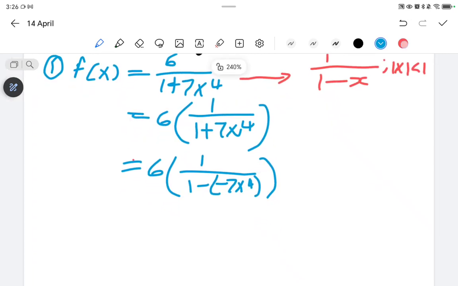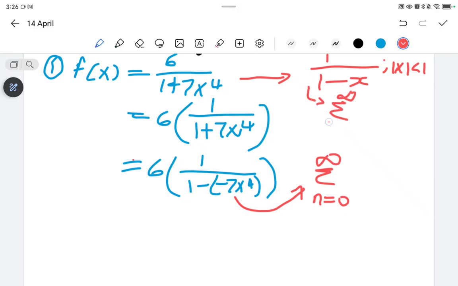Which means that now this is in the format of the summation from n equals 0 to infinity of x to the n. So where we see x, we're gonna plug in minus 7x to the 4, to the n. So now we're getting this to our representation.